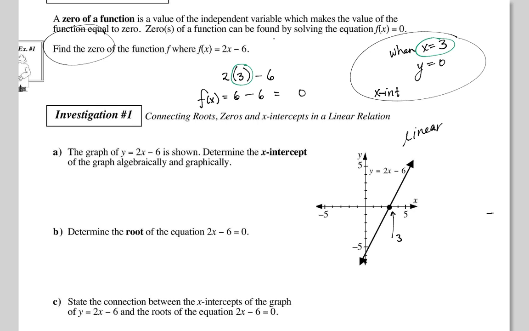So algebraically, while you're looking, if we look at the graph, it's easy to spot it. But algebraically, you want to set y to 0. And then you go 2x minus 6 equals 0. Now, for linear equations, we talked a little bit about this yesterday.